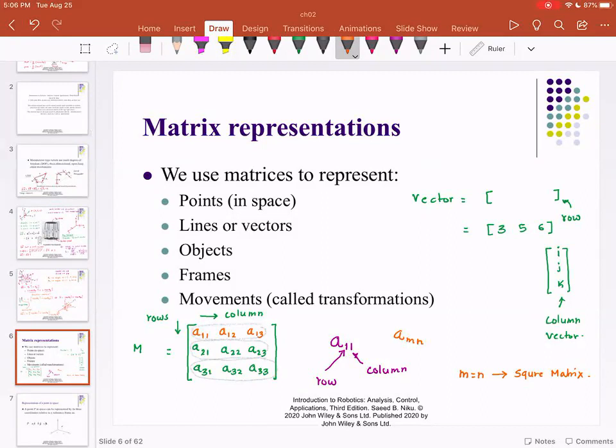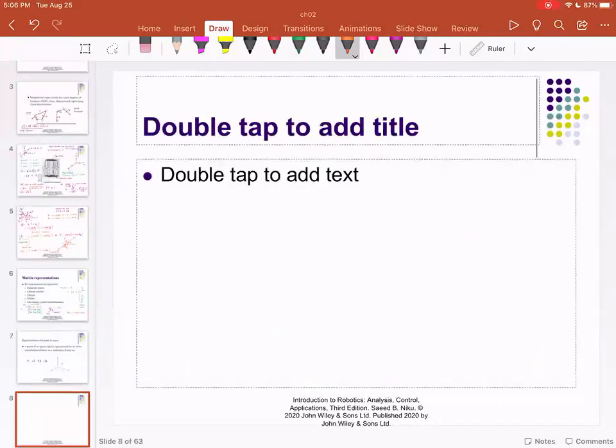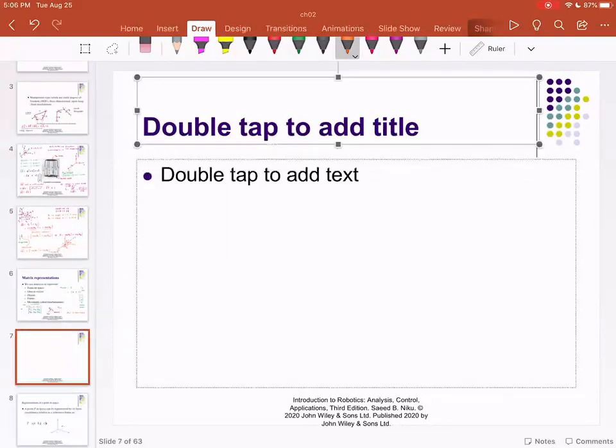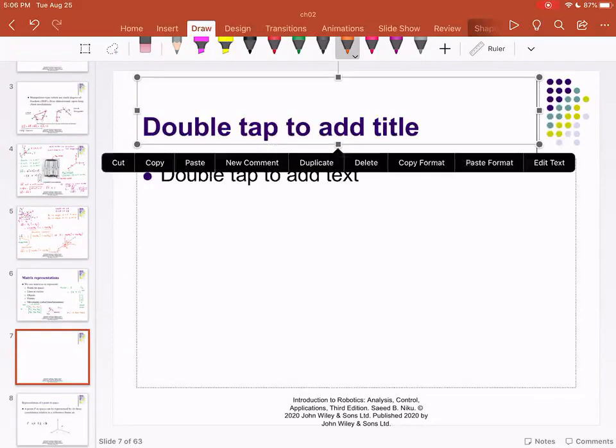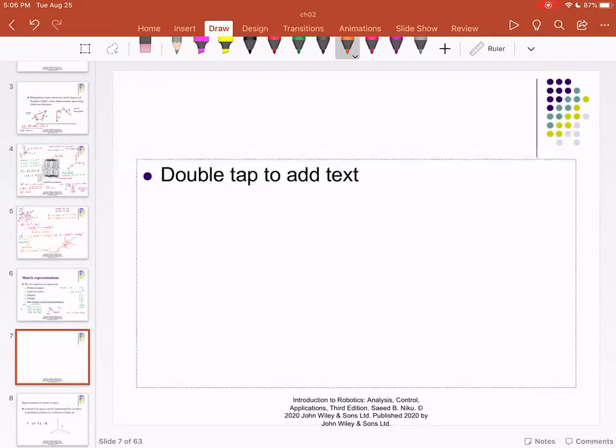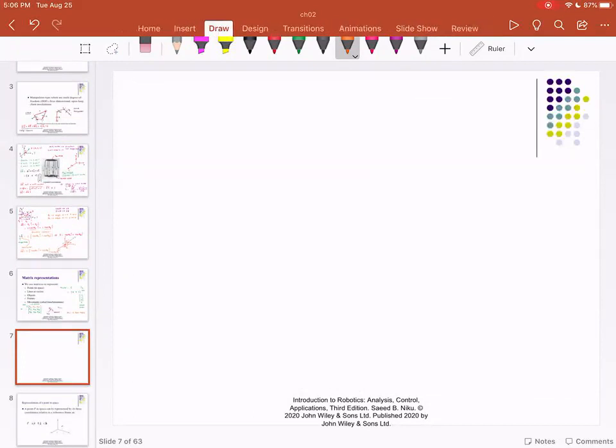Before I go any further, I just want to give you a quick overview of something very interesting, which is the applications of matrices. So think about it: if you have a matrix M, and to be on the safer side, let me make this a 2 by 2 matrix.